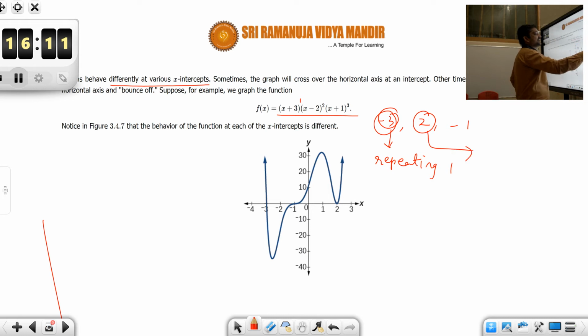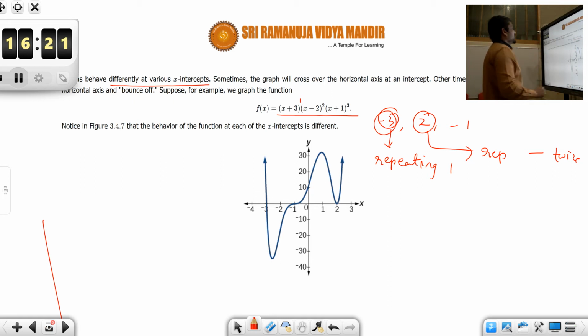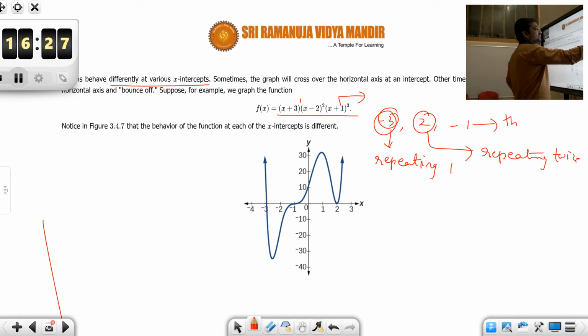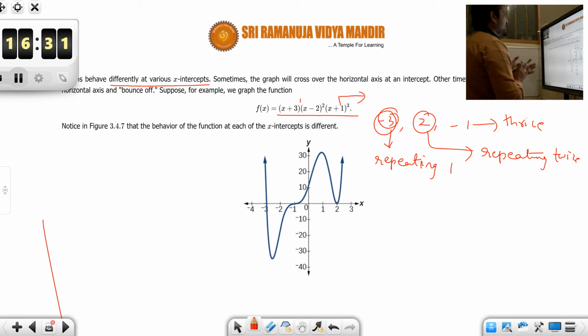This factor is repeating twice. What about x plus 1? This factor, that is minus 1, is repeating thrice. Okay, students. So all these are x-intercepts only, but each of these factors is repeating a different number of times.